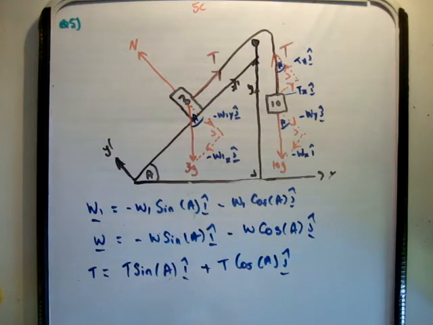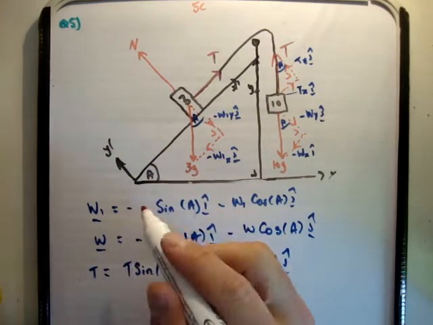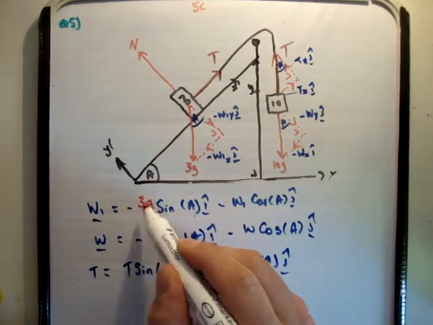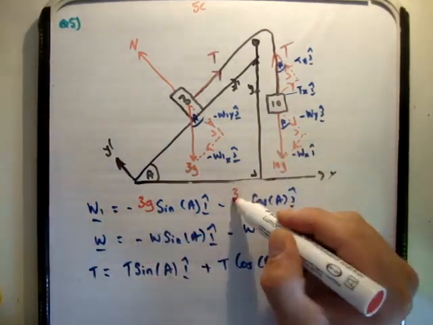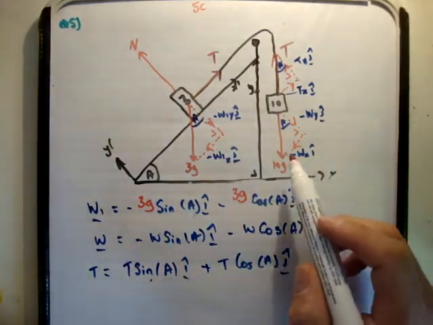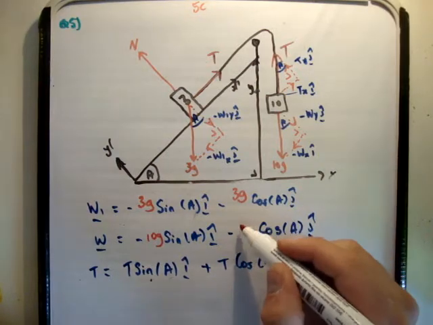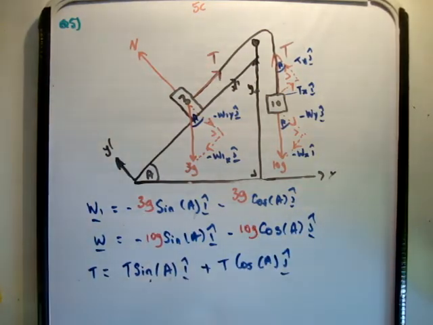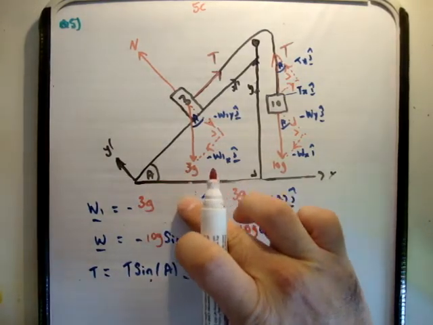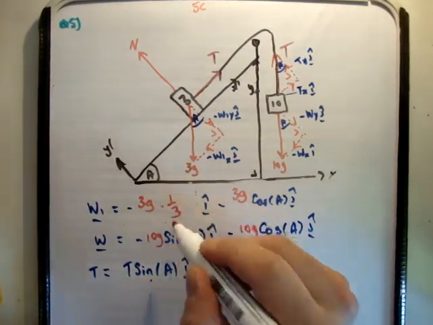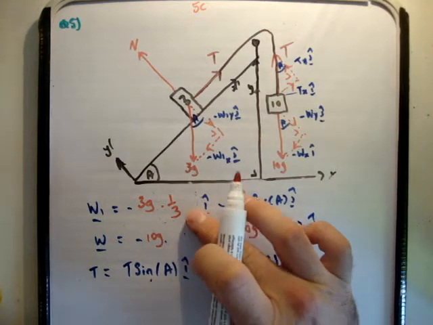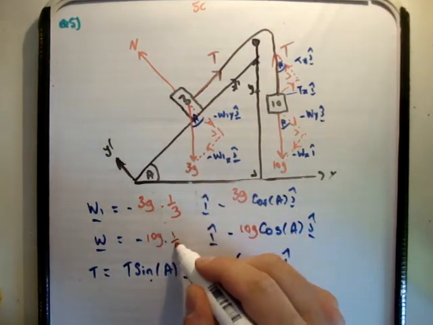Now, can we put in any of the values which we know? Let's look at W1. Well, this is 3g. So is this. W is equal to 10g. So is this. And we don't know what the tensional vector is because we're trying to find it. We know that the sine is a third, so we know this is a third here.